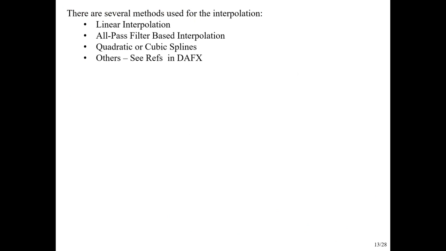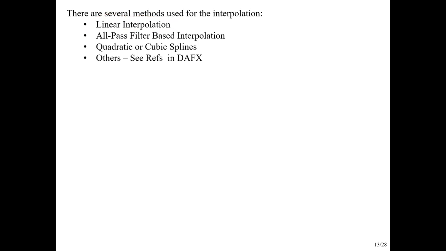And there's several different ways that we can do this interpolation. Well, linear interpolation is the easiest, and you should be familiar with how to do that from other engineering applications. You've got two numbers, and you want to know what lies a quarter of the way between them. You just draw a line between them and use that.